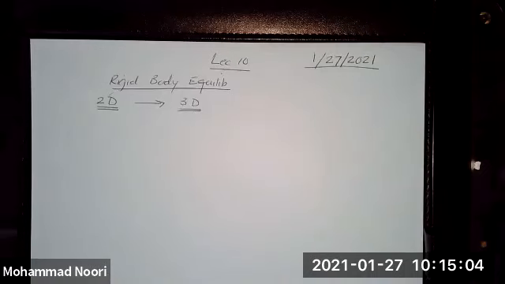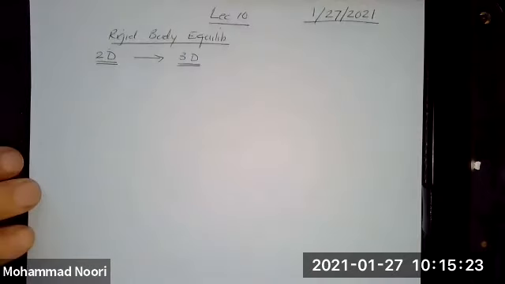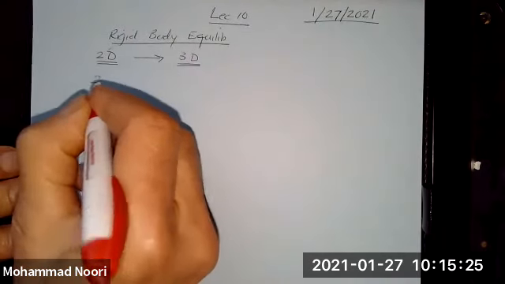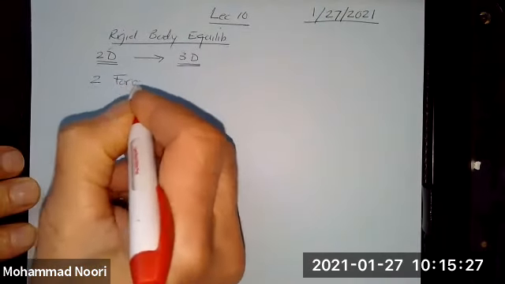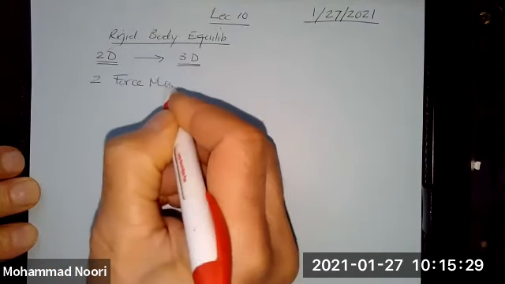I like to first do a problem or two and introduce that concept. Then I will get to introducing the 3D equilibrium. So let's start with that. What is a two force member?